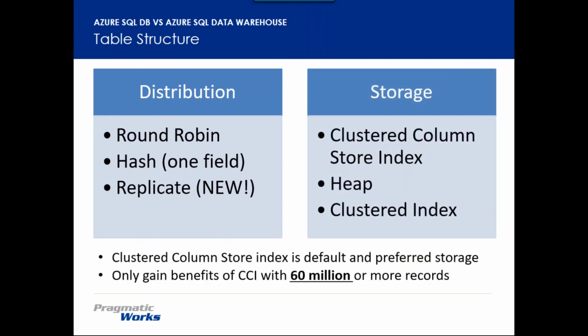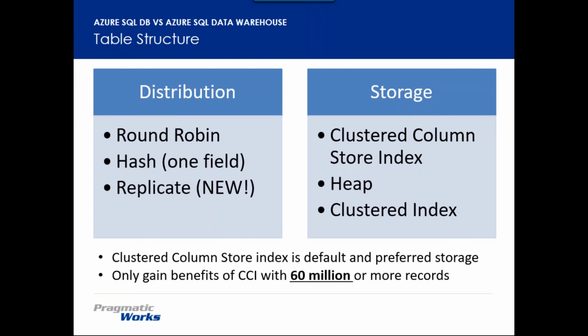The other option that we have when we're creating a table is how is the data stored? And by default, Azure SQL Data Warehouse uses clustered column store index storage. If you're trying to decide between platforms, it's important to understand that the clustered column store index will really only provide a benefit when you can get 1 million records into a distribution.